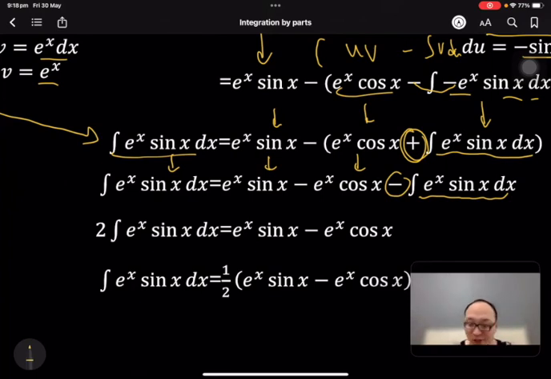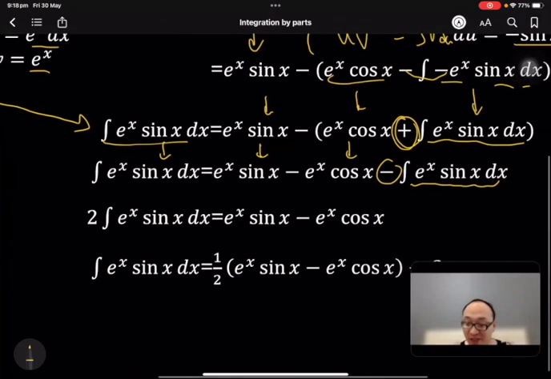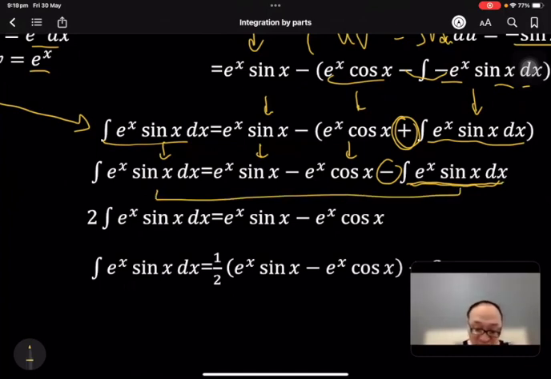If we notice, integral e to the x sin x dx in this part is the same as the question. That's why I can combine it. So it becomes 2 because this is negative one. When I move it to the left, it becomes positive. So it becomes 2 integral e to the x sin x dx.